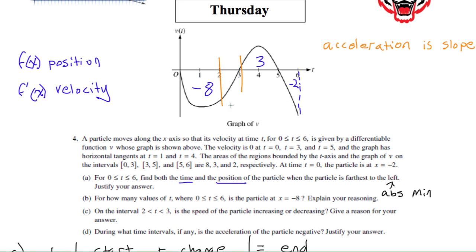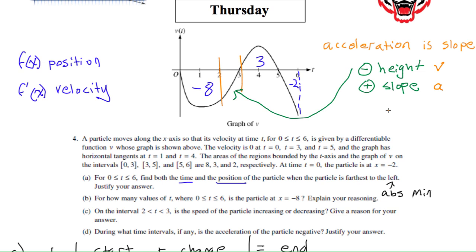So on this interval right here, I'll even write it down, we have a negative height and positive slope, which means I have a negative velocity and a positive acceleration. If those are opposing each other, is it speeding up or slowing down? Decreasing.